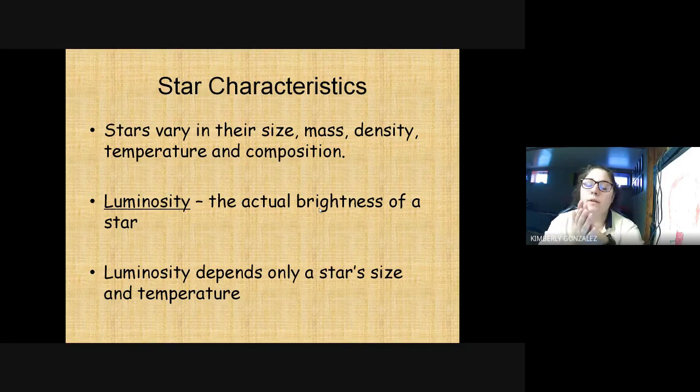And it's always going to be in comparison to our sun, because you're going to compare it to things you know. If a star is brighter than our sun, then it's going to be more luminous, okay? And if it's duller than our sun, then it is going to be less luminous. You guys okay with that?